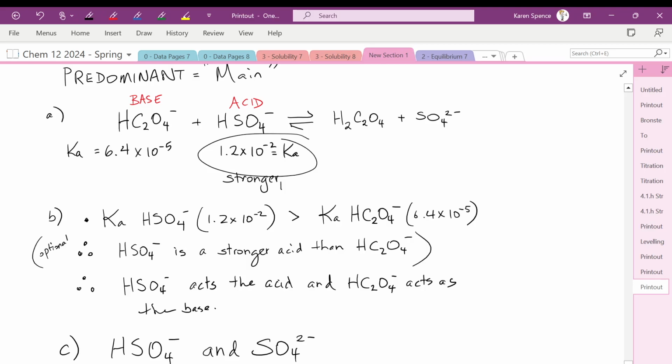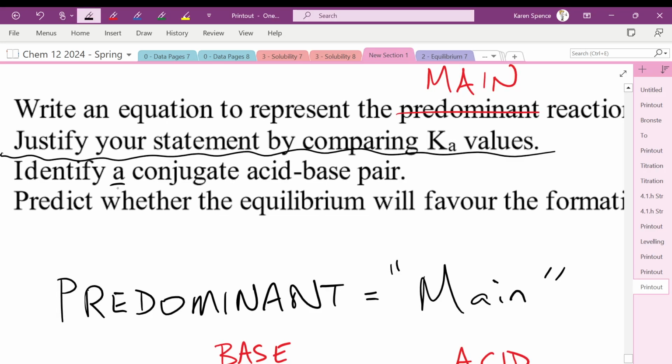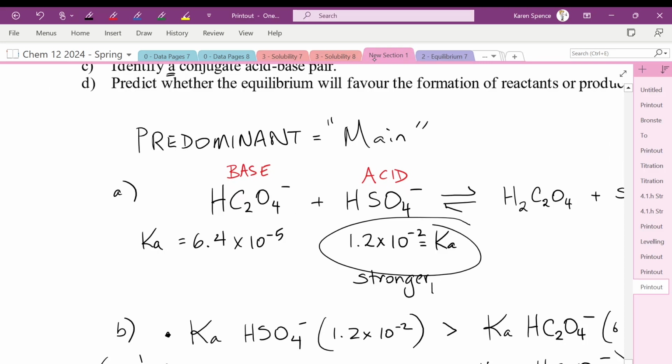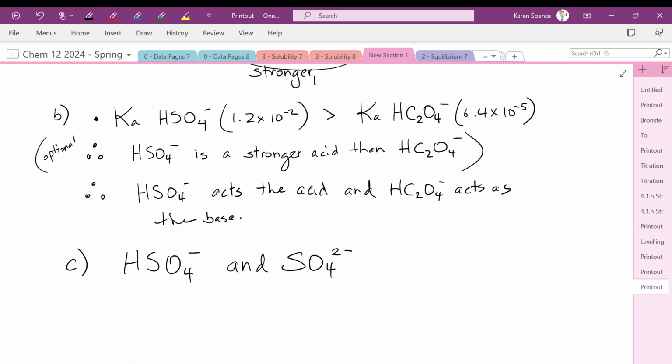That's all you need. Now, should you write the other conjugate acid-base pair? Let's read what the question says: identify a conjugate acid-base pair. If you start trying to give me 2 conjugate acid-base pairs, it's possible that you might write it in such a way that it becomes confusing as to which one you think is which and who is with who. If you're asked for one, give me one.